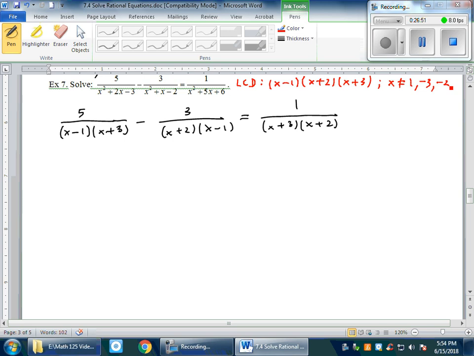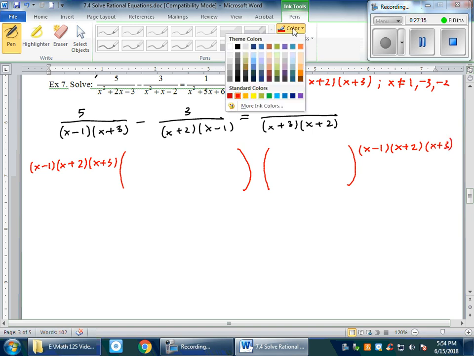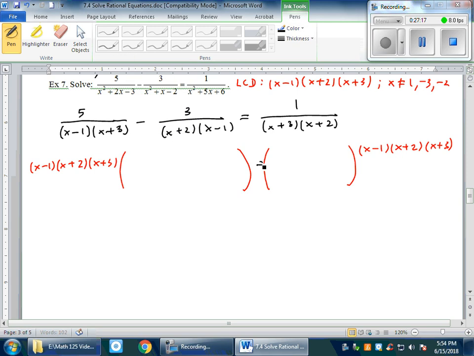So we multiply both sides of the equation by the LCD, which is x minus 1, x plus 2, x plus 3, to the left hand side and then to the right hand side. So this will give us 1 over x plus 3, x plus 2, multiplied on the right hand side.